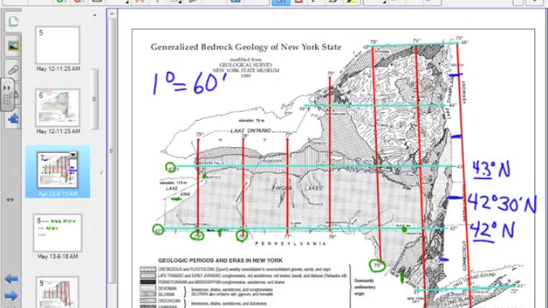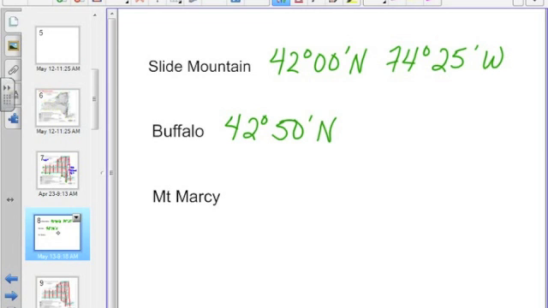And it's clearly more than halfway, much closer to the 79 degrees. So again, I think I'm going to estimate 78 degrees 50 minutes west.